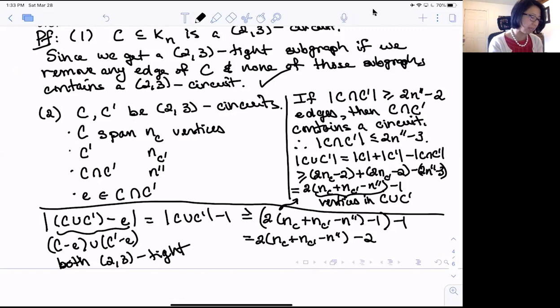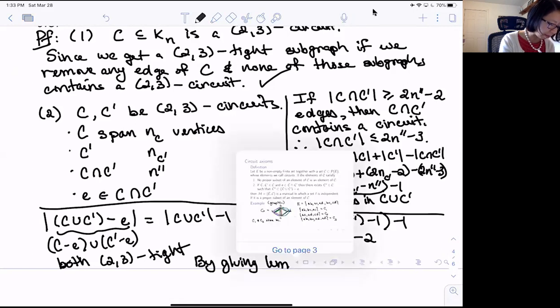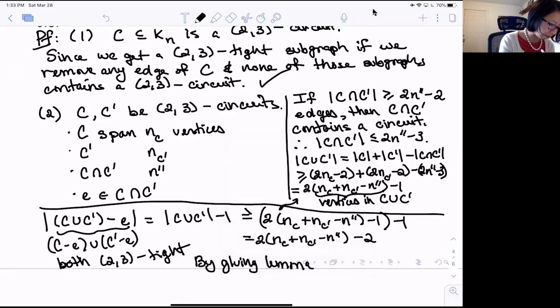Here I can see that it has too many edges to be 2-3 tight. So by the gluing lemma, that C minus e union C prime minus e contains a circuit. And we're done.